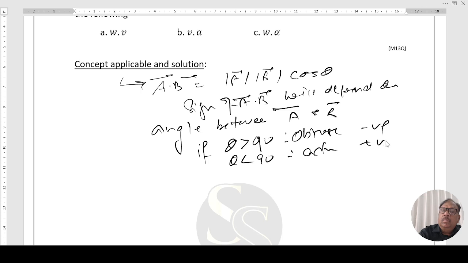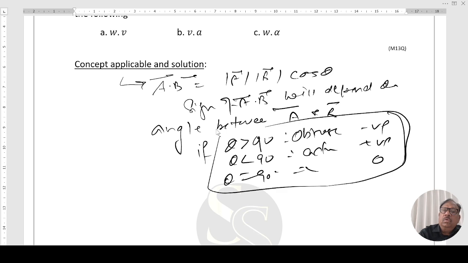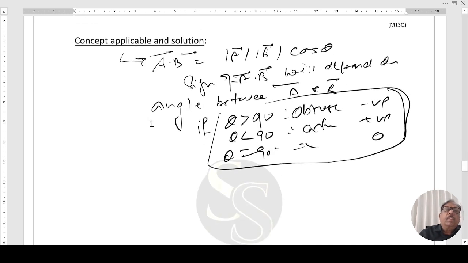If theta is less than 90 degree, acute, positive. Theta 90 degree, 0. We should know regarding the concept.